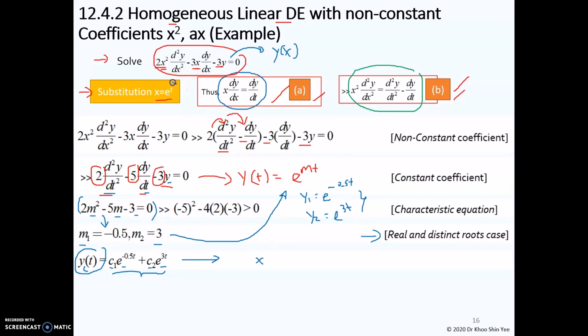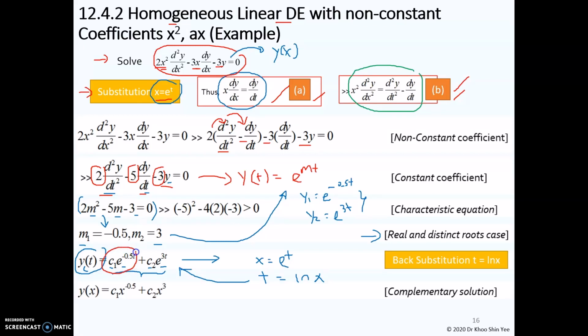So you need to convert t into a function of x. This can be done by using the substitution that we used previously, where x is equal to exponential t. So we can substitute t equal to ln x inside the equation. For example here, exponential negative 0.5t, substitute t inside, you should obtain exponential negative 0.5 multiplied with ln x.